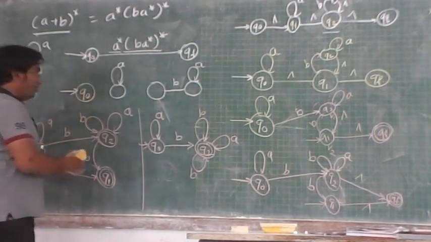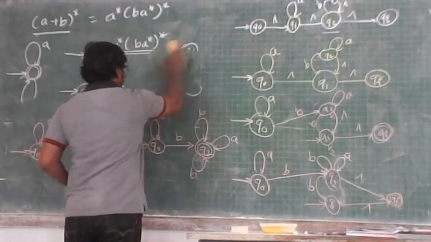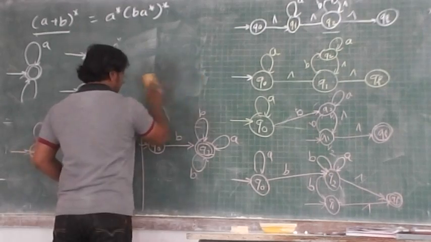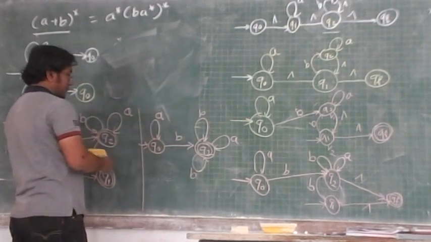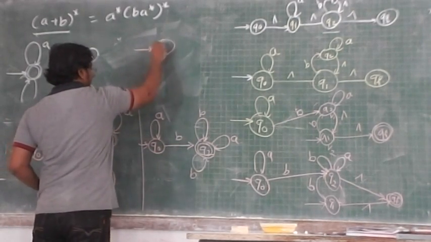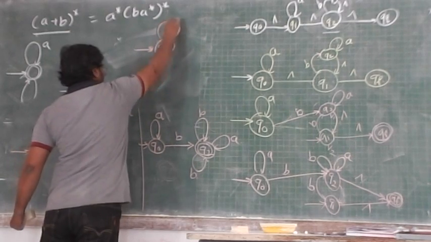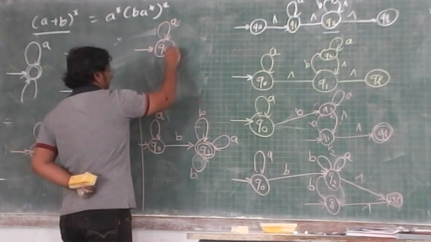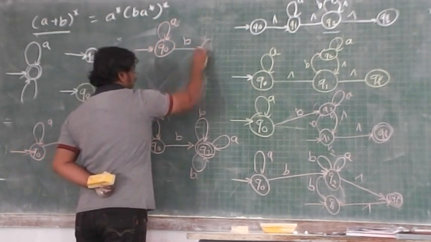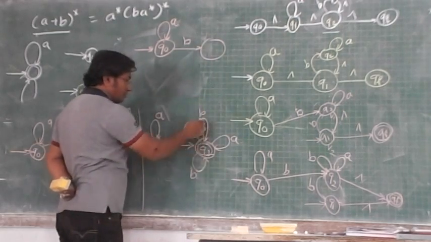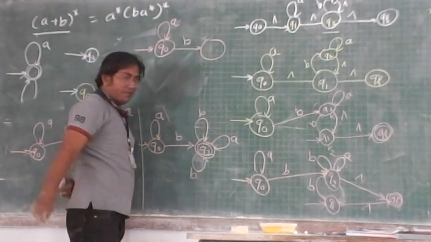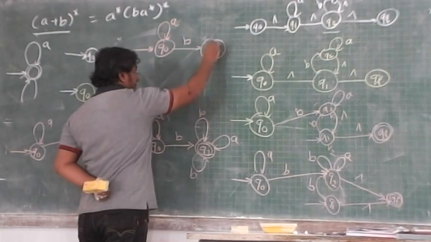And this is again equivalent to, so these two similar duplicate transitions I am having, one I can remove from it.